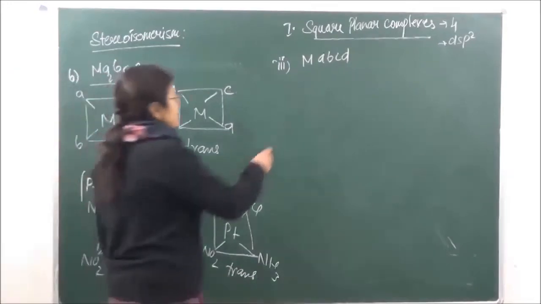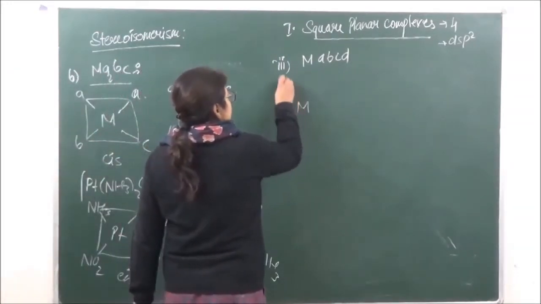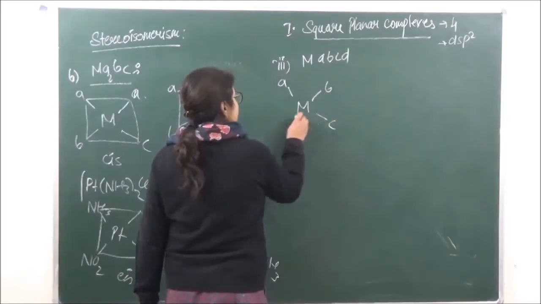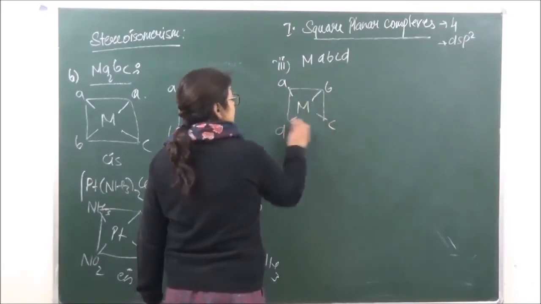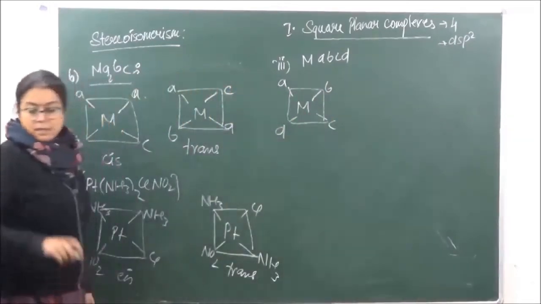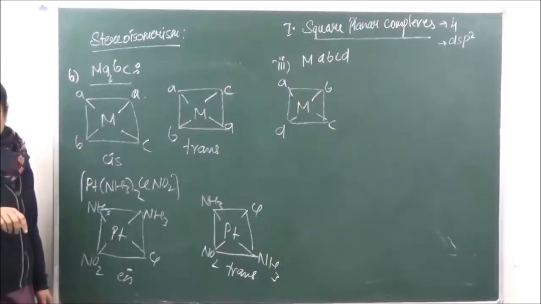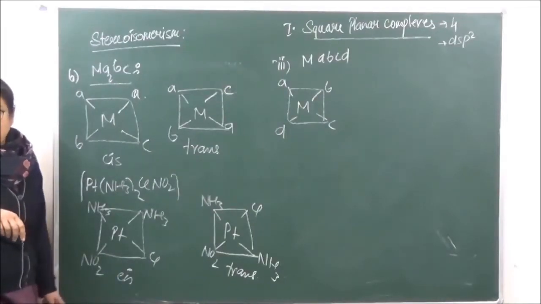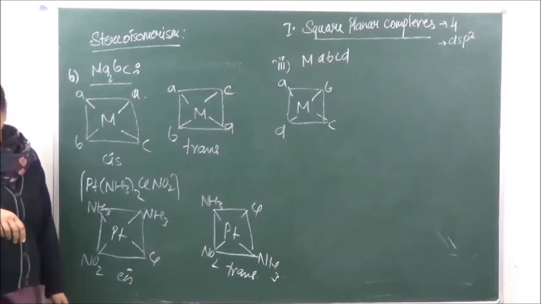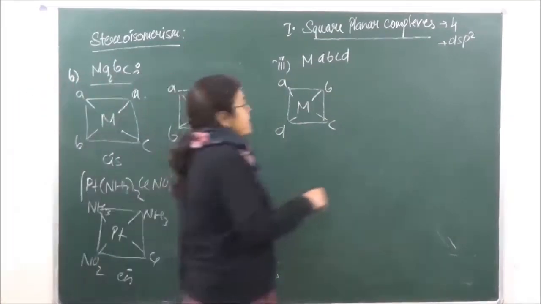Like for example, if we take the first one as ABCD, now in the second one the position of the ligands changes. So we have ADBC.